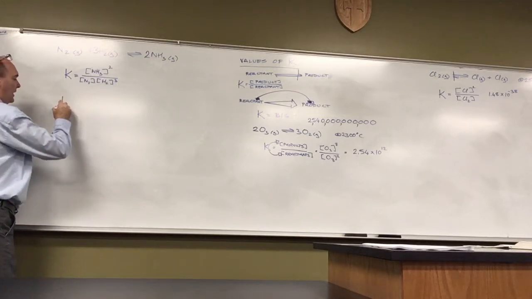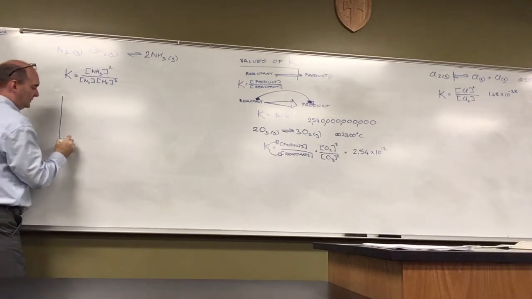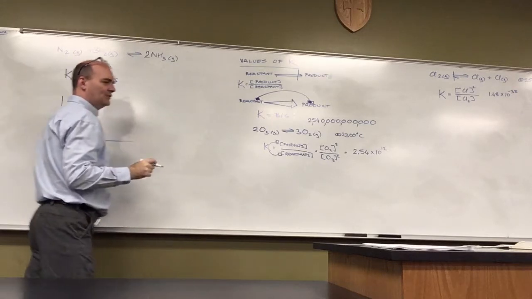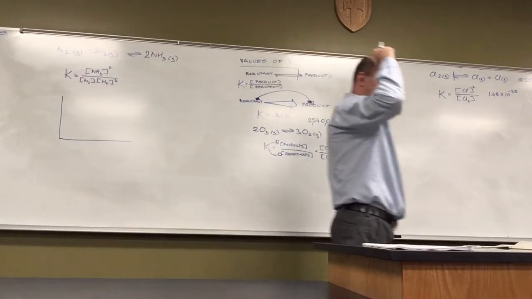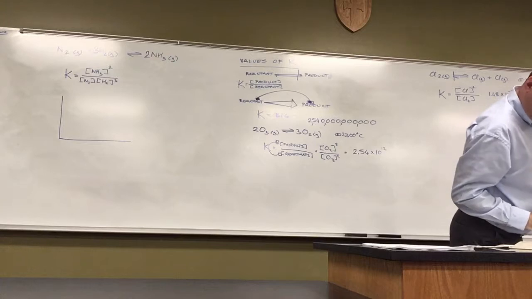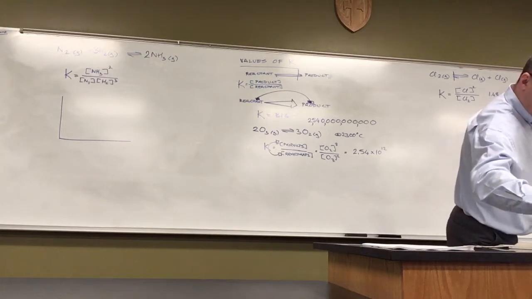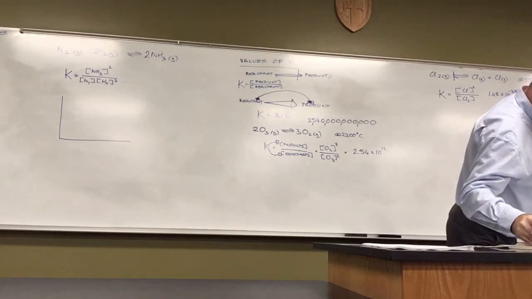If I plot, and the book has 2, I think they're doing concentration and rate. No, I know what they're doing.